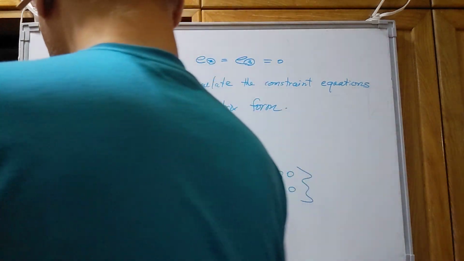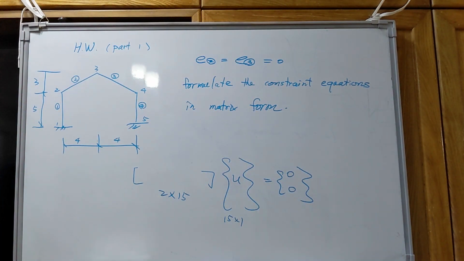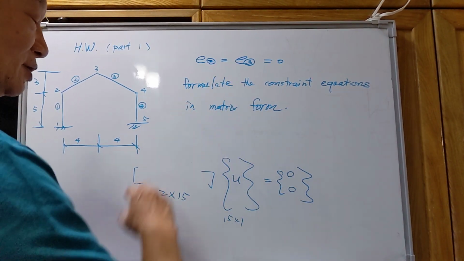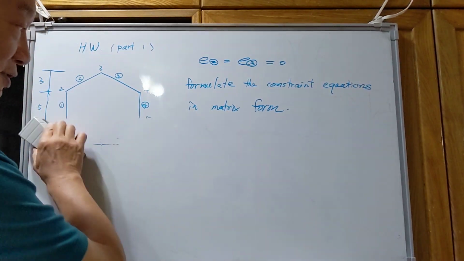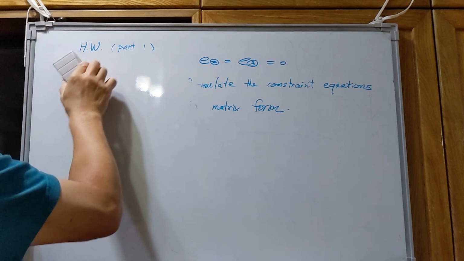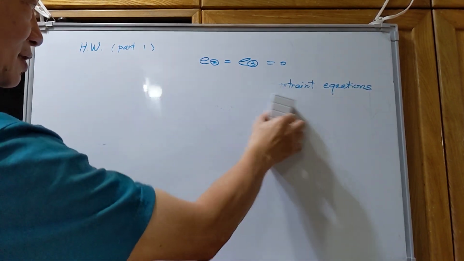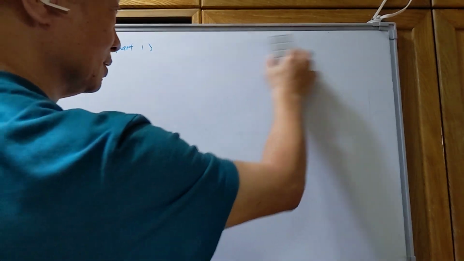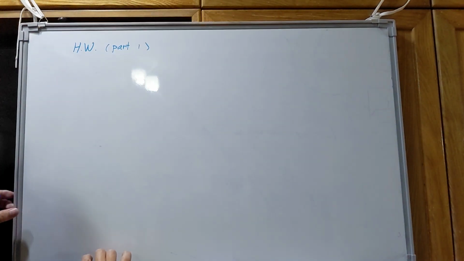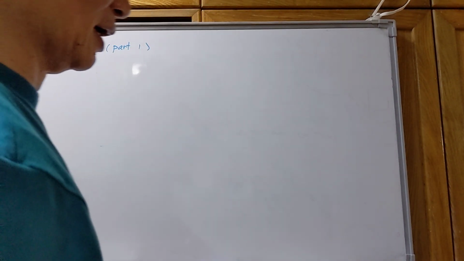Okay, so you can formulate both. However, in the homework, you can use the more precise form, which is the 2 by 6 matrix.